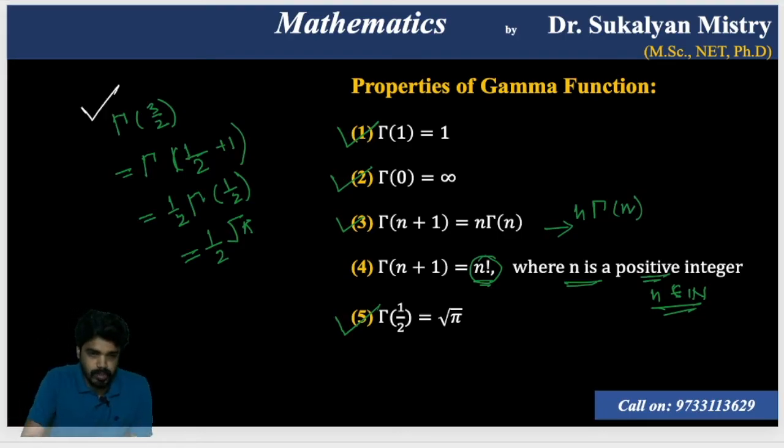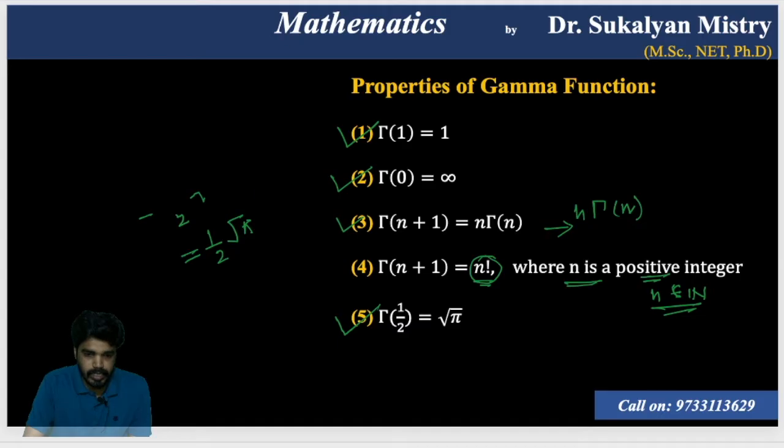Suppose we have to calculate gamma(4). Here 4 is an integer, so you can use this formula or that formula; this is the easy way.